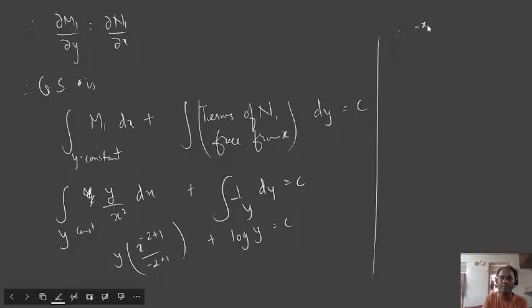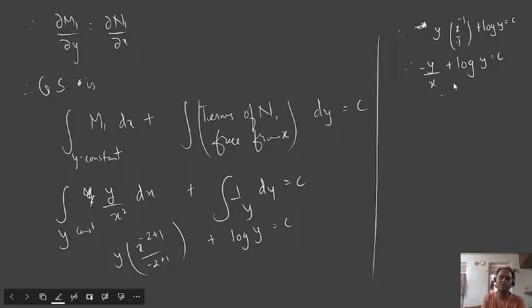Now if you want to simplify this, you will have minus of y times x raised to minus 1 over minus 1 plus log y equals c. So here you have minus y over x plus log y equals c.